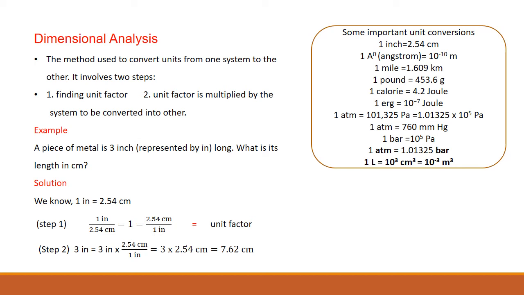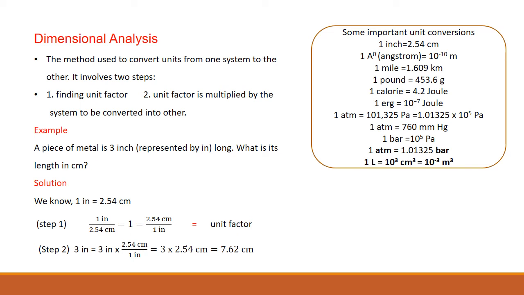Unit factor means 1. We have to convert the given relation into 1. For example, 1 inch is equal to 2.54 centimeter. So in this step, the unit factor is 1 inch divided by 2.54 centimeter, equal to 1. So we have to take the units also.